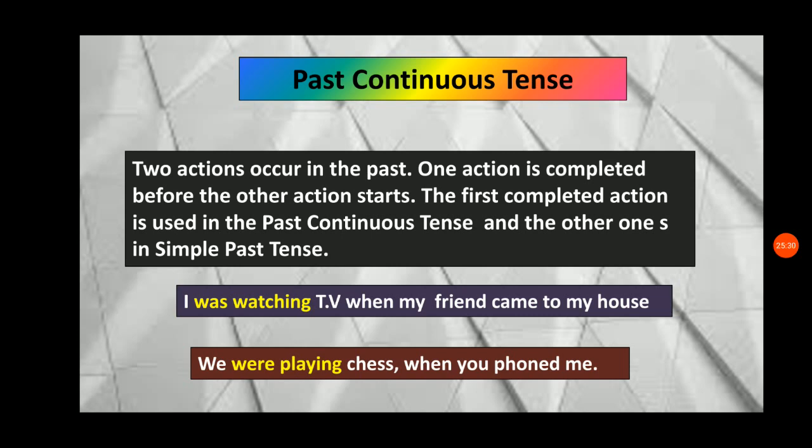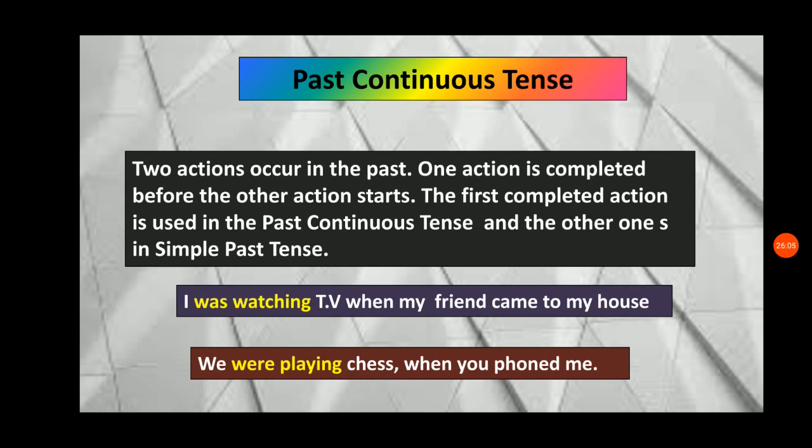I would have stopped watching TV after I saw him. But before he reached my house, I was watching TV. So here watching TV is a continuous process, and the friend came to my house is a short process. So we can take the first fact, which started first, into continuous tense. We were playing chess when you phoned me.